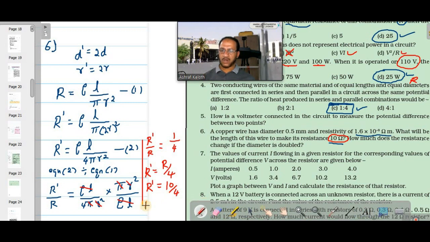If the diameter is doubled, the new resistance will be 10 by 4 ohm, so R dash is equal to 2.5 ohm. This means when the diameter is doubled, resistance decreases to 1 by 4th of the initial value, that is 2.5 ohm. Okay, we'll stop here.